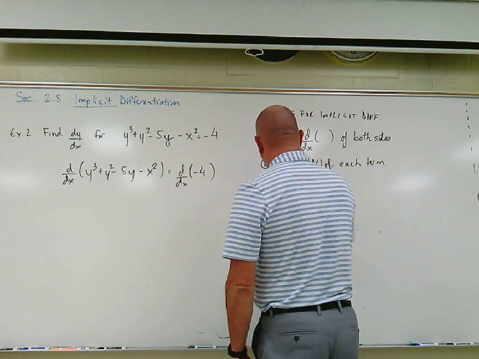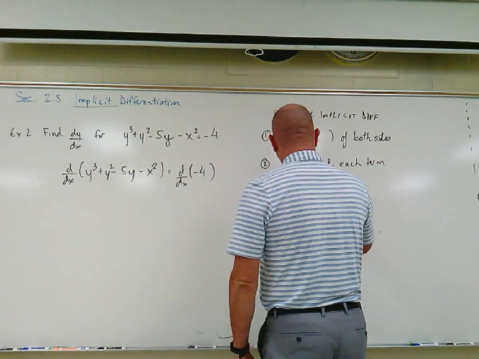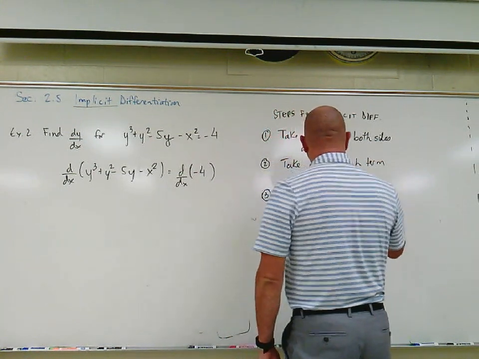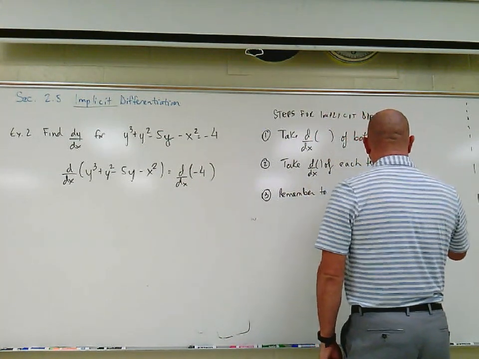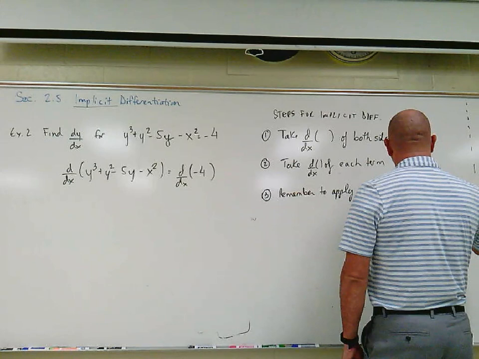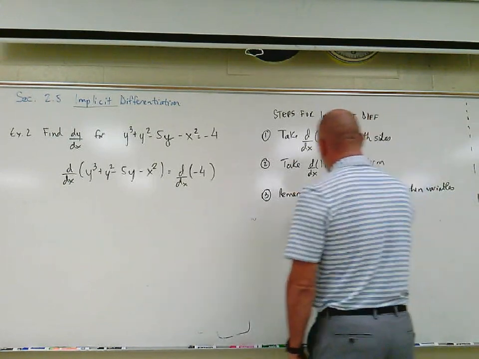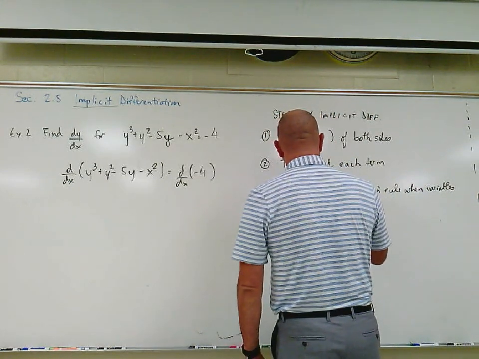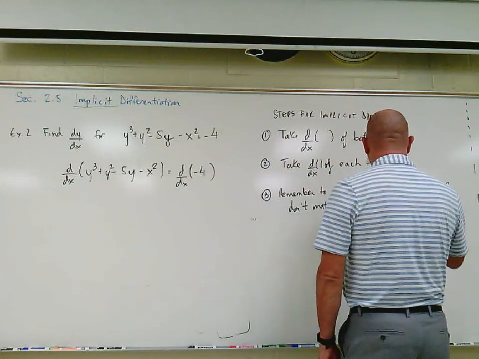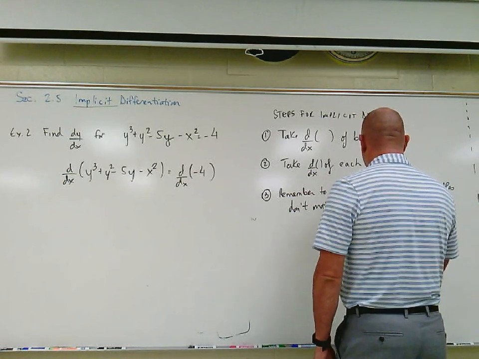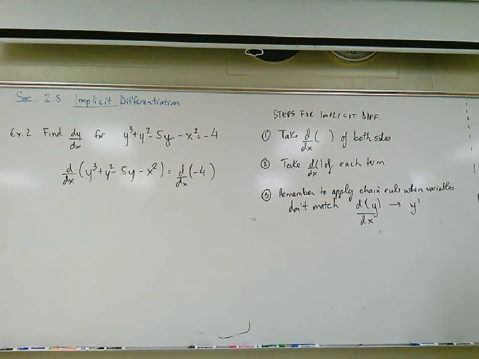Step 3, remember to apply chain rule when variables don't match, when it's not the same variable. So if you're taking derivative of something with a y, you should get a y prime at the end. Okay? You should get a y prime. Anytime you're taking derivative of a y with respect to x, you should pick up a y prime.